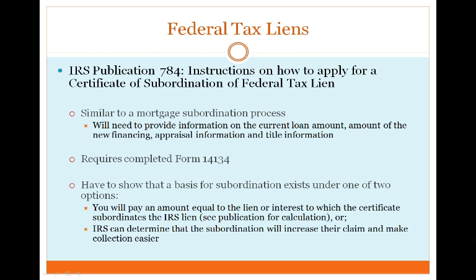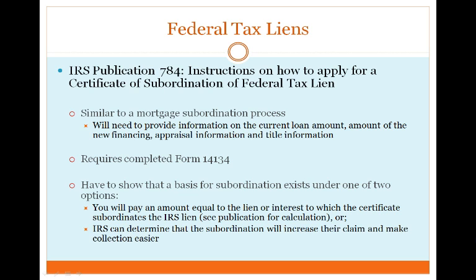Now I'm going to go through the subordination section of this first, but personally I find this to be more difficult than the withdrawal. So IRS Publication 784 gives you instructions on how to apply for the Certificate of Subordination of a federal tax lien.